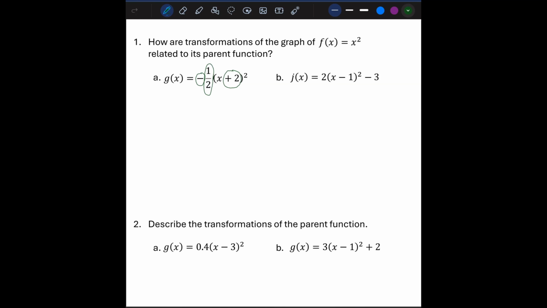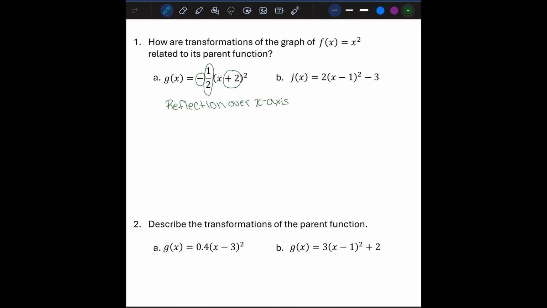So let's start with the negative. Since it's on the outside, I know that that's something vertical. So this is going to be a reflection over the x-axis, because going over the x-axis is something vertical. It affects our y value. So reflection over the x-axis.